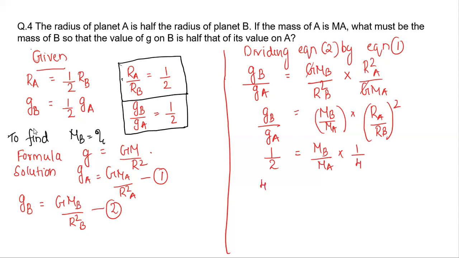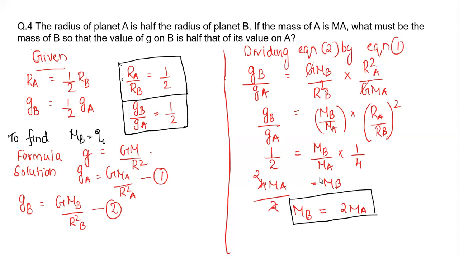So we will get 4MA upon 2 is equal to MB. 2 and 4 cancelled 2 times. So we got MB is equal to 2 times MA. That means mass of planet B is twice the mass of planet A.